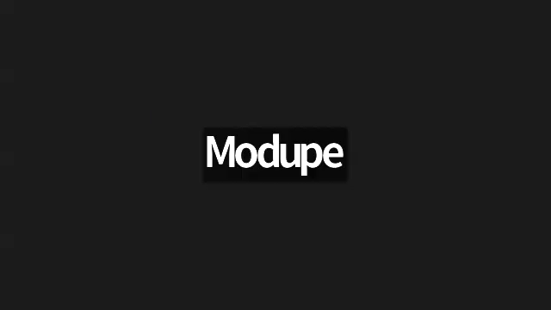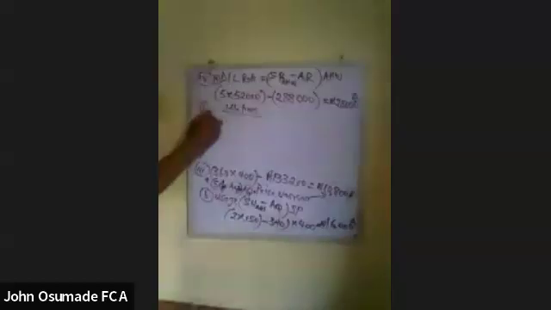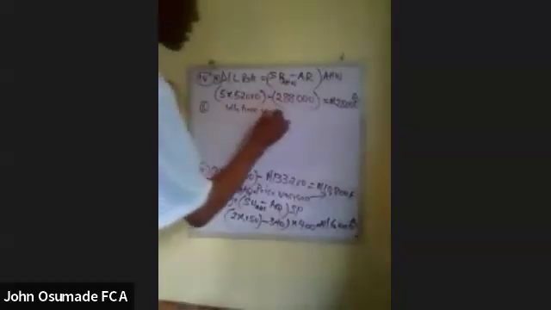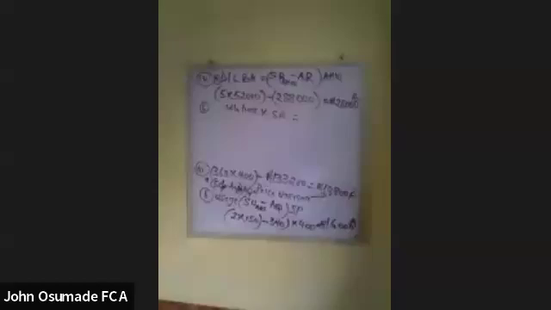So we are looking at idle time. What is idle time? Idle time variance will be idle time multiplied by standard rate. So what's the idle time in that question? 8,000.